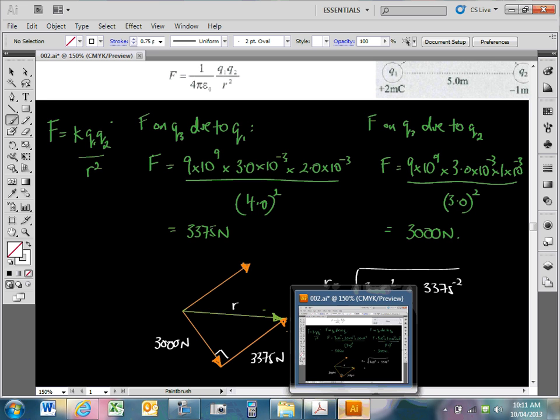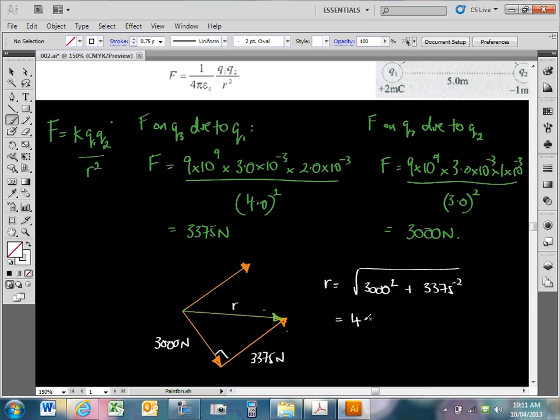I get a number here in the book, 4,515 newtons. That seems reasonable. It's going to be longer, it is the hypotenuse.